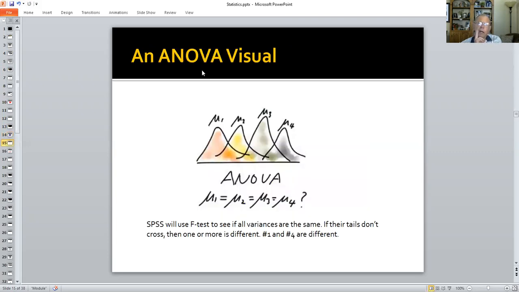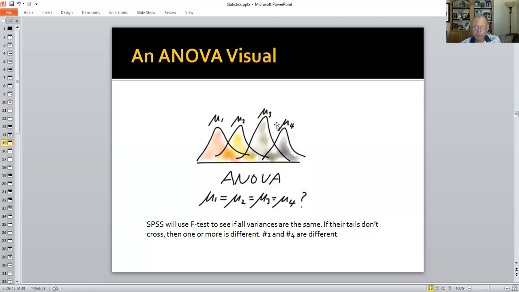Here's a visual for ANOVA. And it's the same idea, okay? Are the tails crossing into each other's territory? Okay, let's look at this guy. His tail crosses into the number 2 and touches into number 3. So it could be argued that these 3 are equal in essence. But notice that number 1 does not cross into number 4.